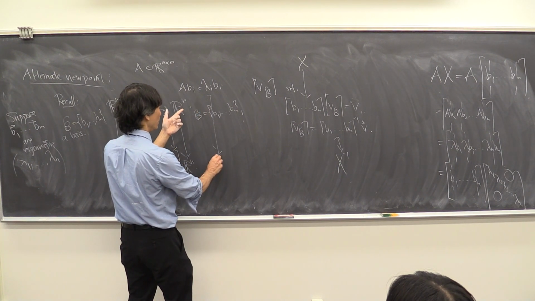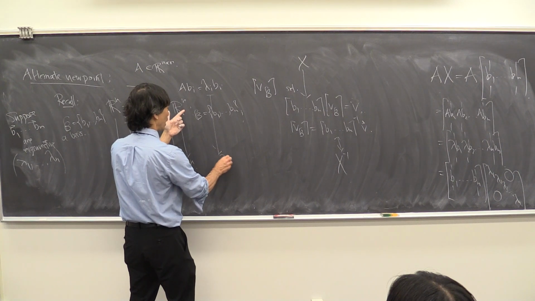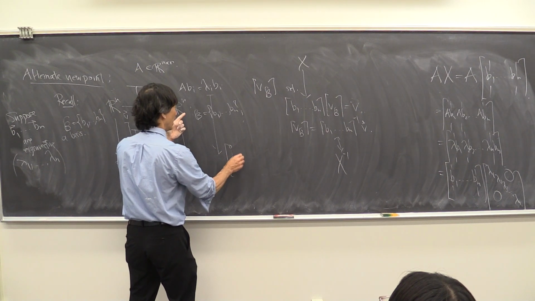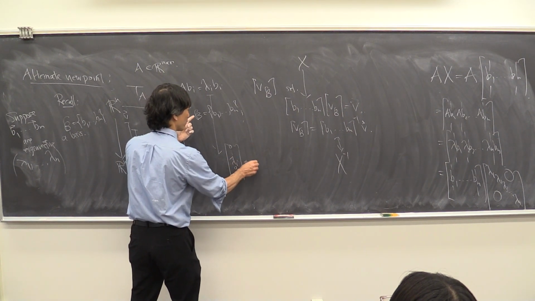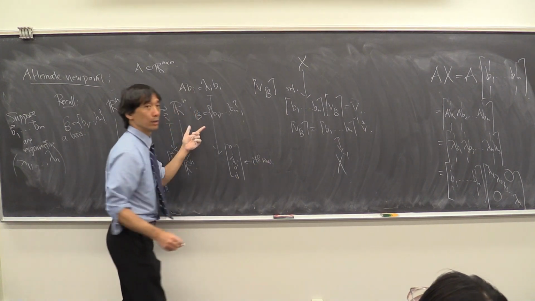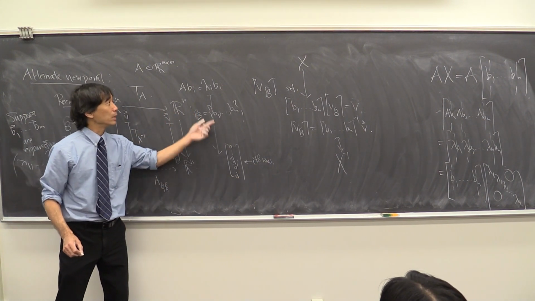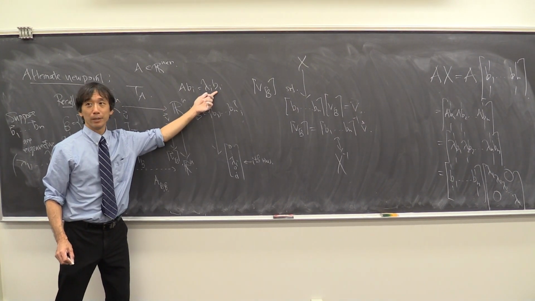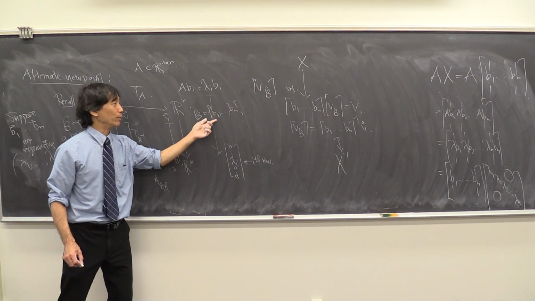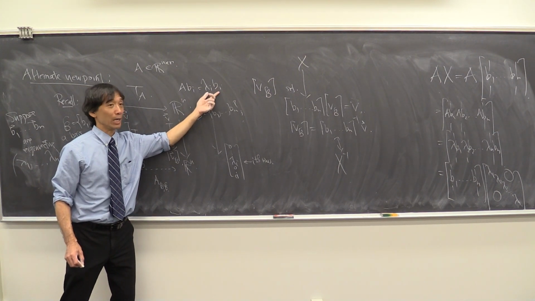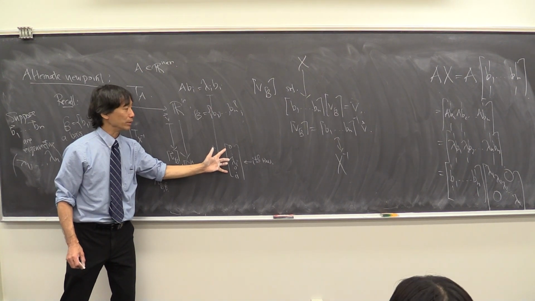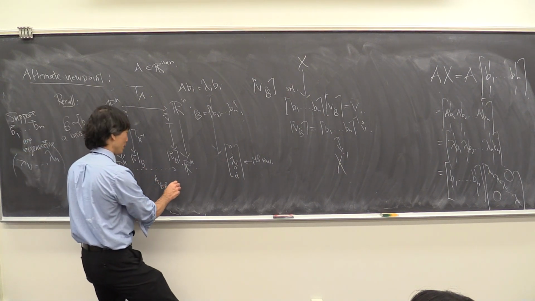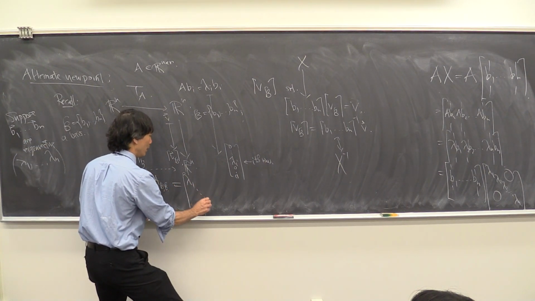Well, that's just going to be 0, 0, 0, lambda i in the ith place. Because this is lambda i bi, it's 0 b1 plus 0 b2 plus and so on, plus lambda i bi. So its coordinate vector is going to be this. The diagonal. Right, so in other words, the matrix is diagonal, so this thing is just going to be lambda 1 through lambda n.